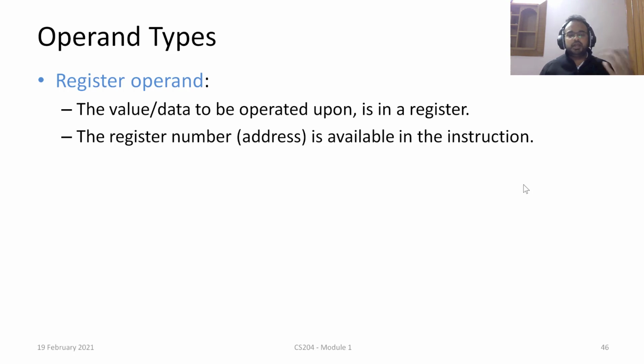So that the hardware, when it looks at that machine code, will understand where to get the data from. So we saw a few of the arithmetic instructions with register operands.